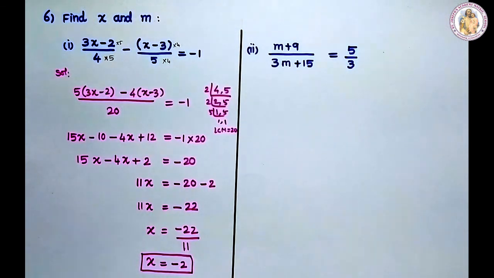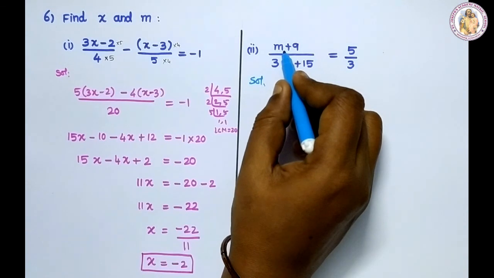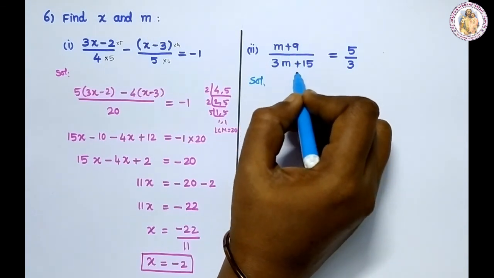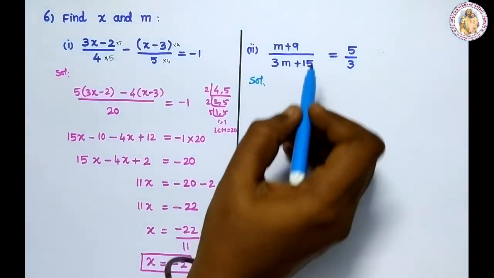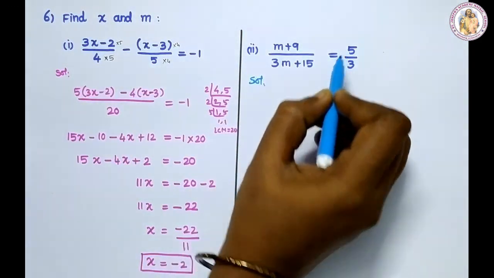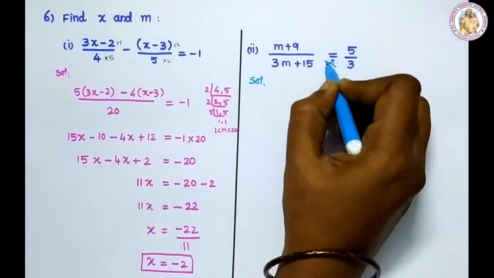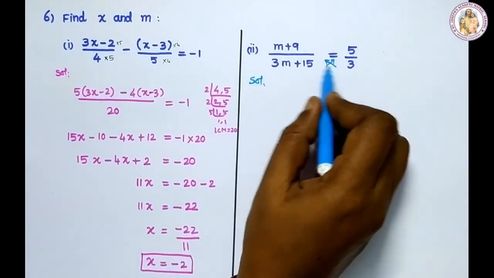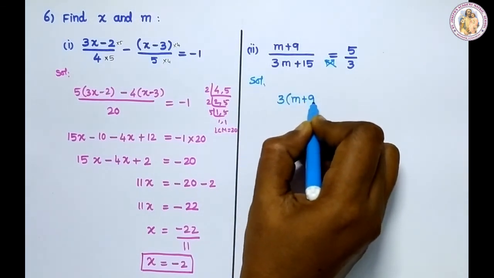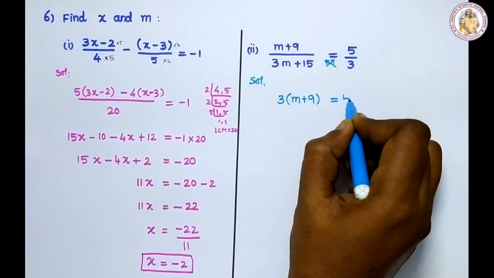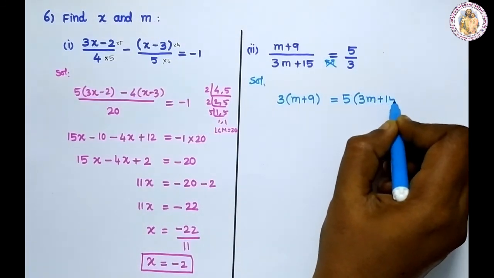Next sum. m plus 9 divided by 3m plus 15 equal to 5 by 3. So we have to take the cross multiplication. So 3 into m plus 9 equal to 5 into 3m plus 15.